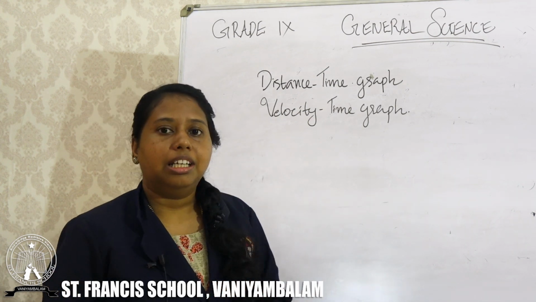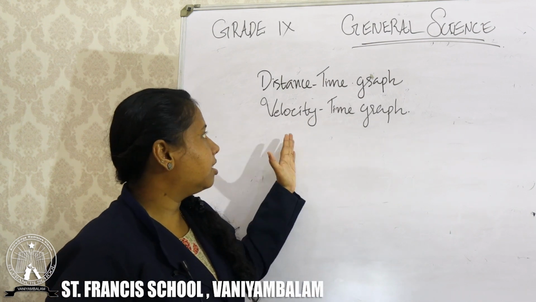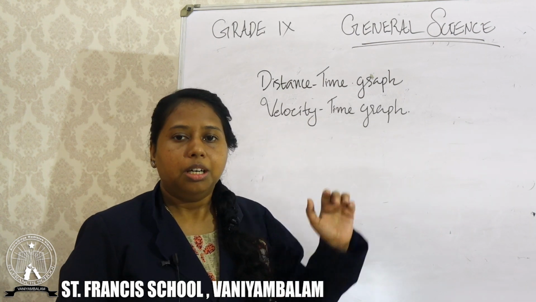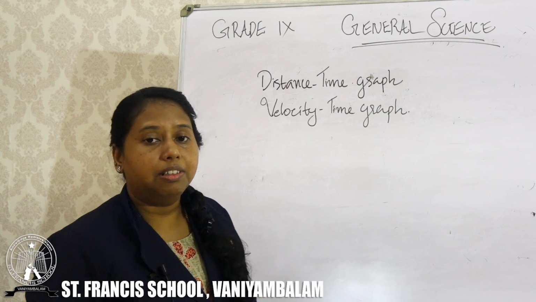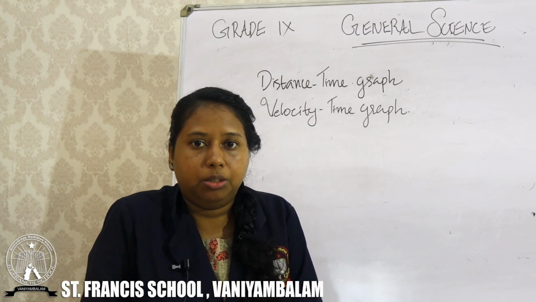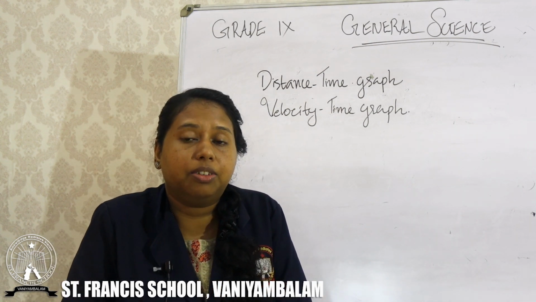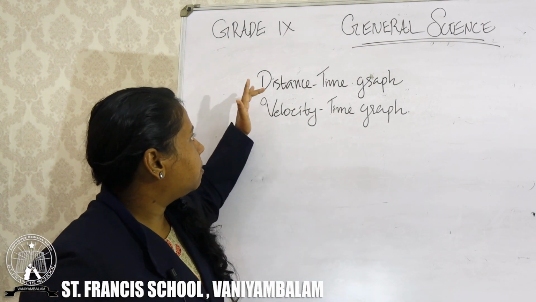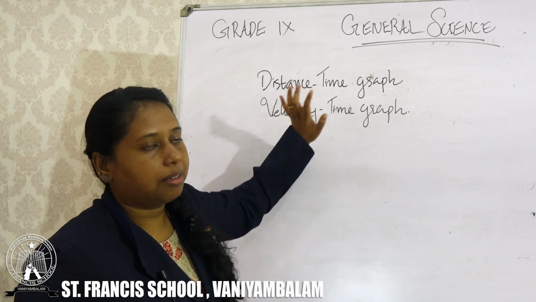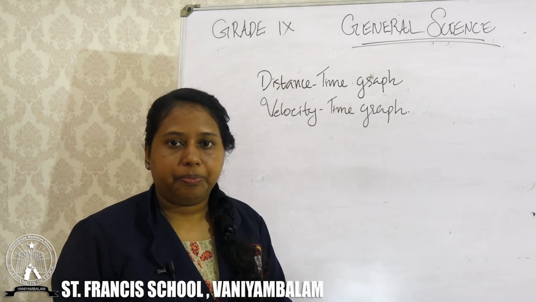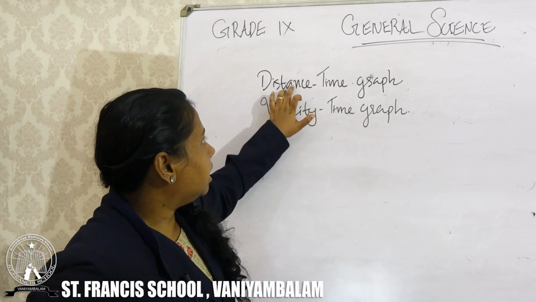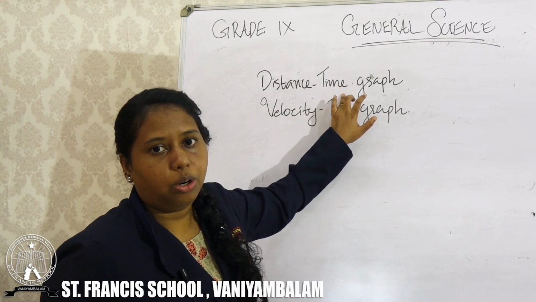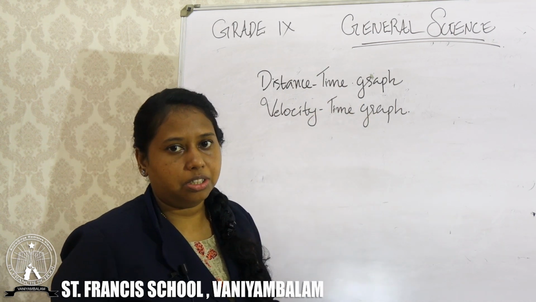So we are using line graph to represent distance time and velocity. By distance time graph we will get the speed. You know that distance divided by time is nothing but speed. So it gives the speed of the object.